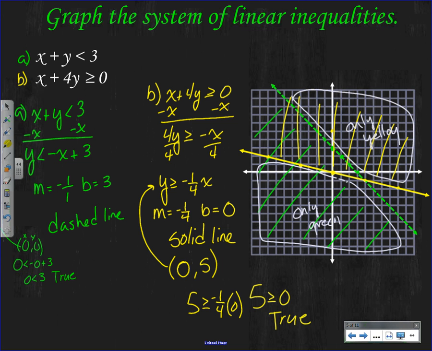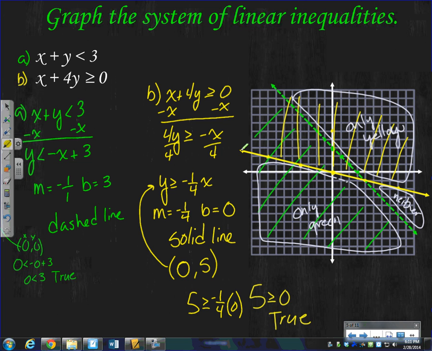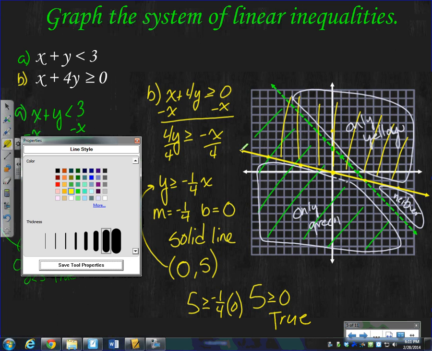So this is only my second equation. Only yellow is true. And then I have this section right down here where neither is true. And then I have my answer, which is where both yellow and green are true. And that's what we want, is the place where they're both true.